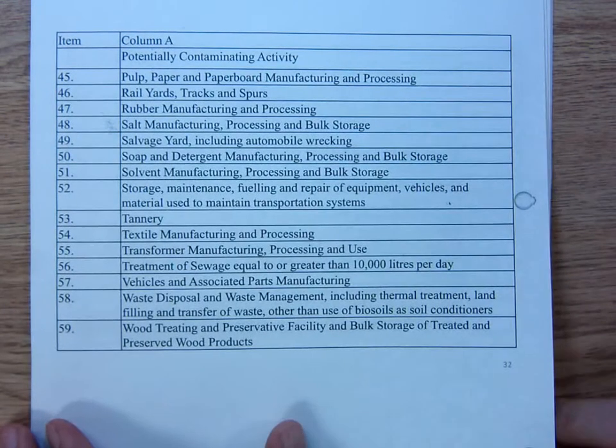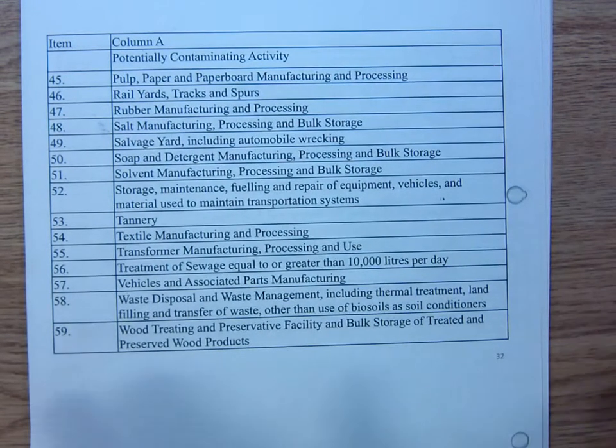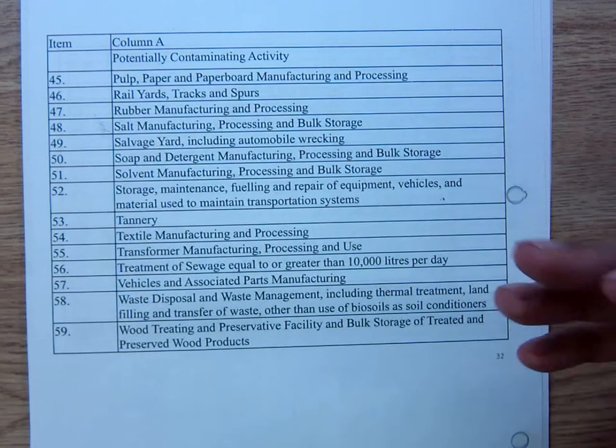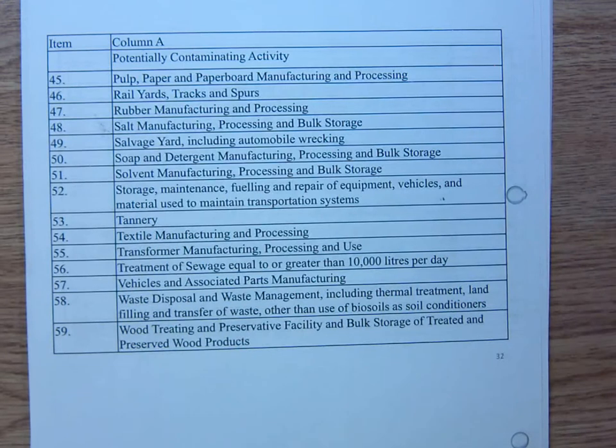And the list also includes pulp and paper and paperboard manufacturing and processing, rail yards, trucks and spurs, rubber manufacturing and processing, salt manufacturing, processing, bulk storage, salvage yards, including automobile wrecking, obviously, because of the obvious reasons. You have lots of hazardous materials as well as fuel.